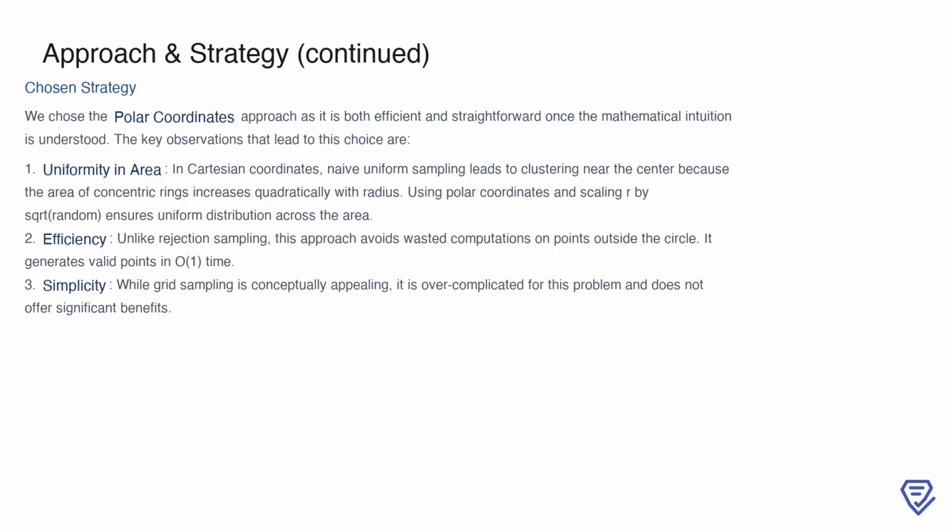Although polar coordinates may seem less intuitive at first, the actual implementation is straightforward and avoids the overhead of rejection or grid-based methods. When comparing this approach to rejection sampling, we see that while rejection sampling is easier to implement, its performance degrades significantly for smaller circles relative to their bounding squares due to high rejection rates.